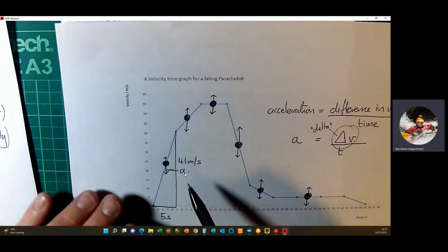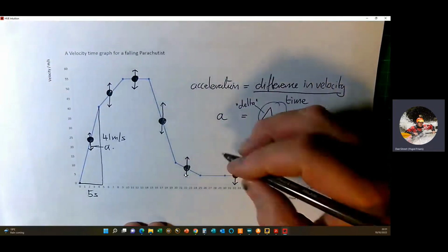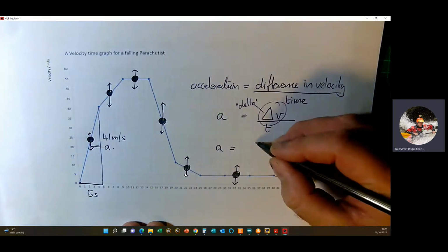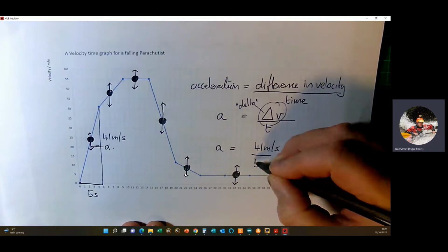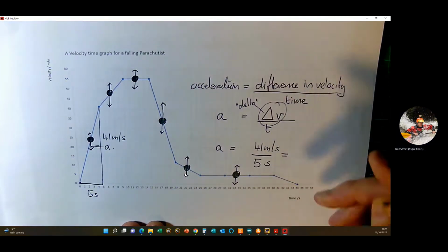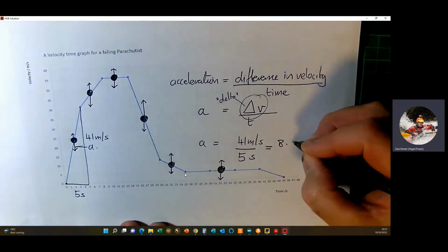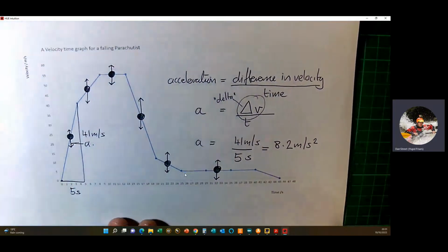Okay, so if we put these values into our equation, the acceleration in this particular instance, different example, is 41 meters per second divided by 5 seconds. Okay, and that is equal to 8.2 meters per second squared.